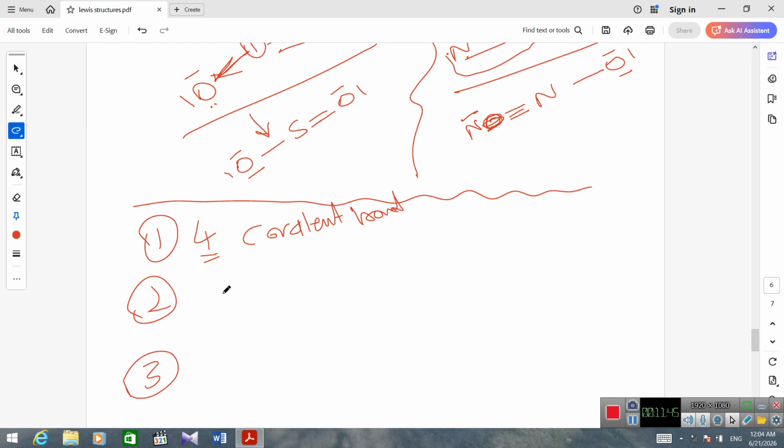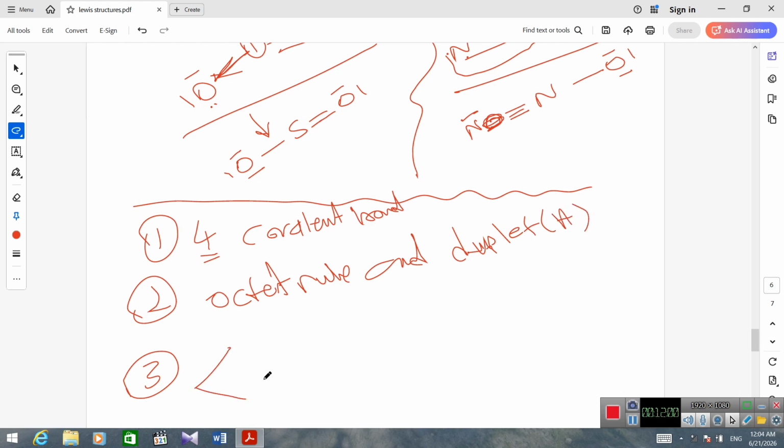Another point was the octet rule, and of course we had the duplet rule like hydrogen. And finally the Lewis structures of diatomic molecules and multiatomic molecules.